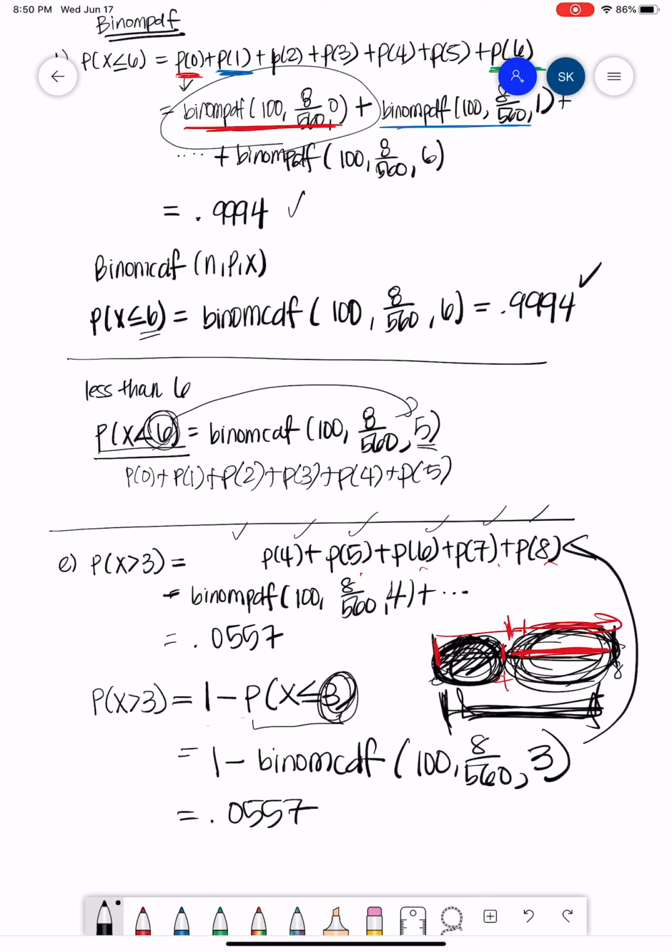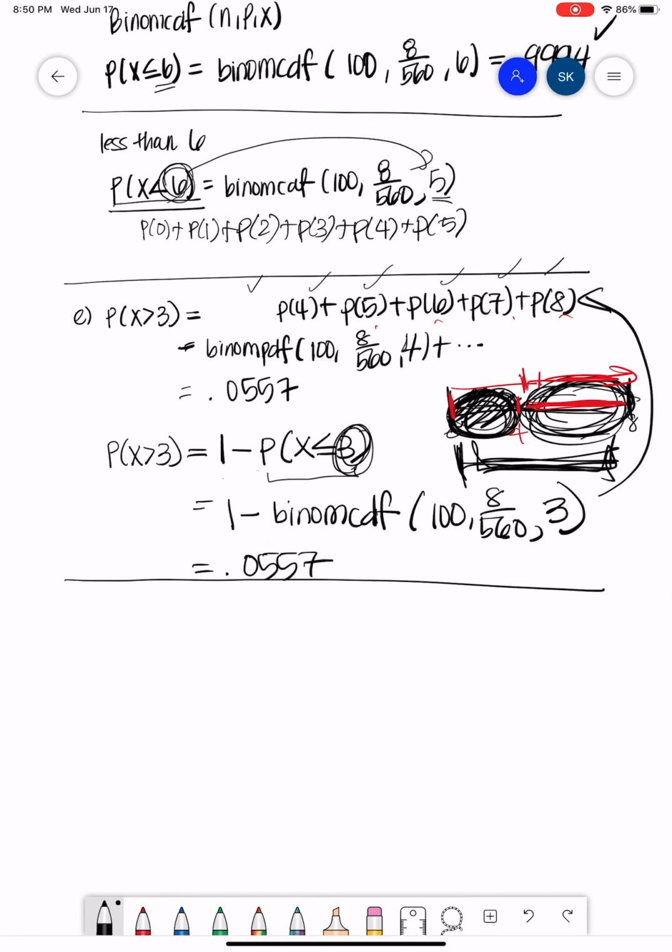Be careful if this is a separate example. I don't want to confuse you, but there are all these different situations to consider when you're doing homework. If we are talking about P of x greater than or equal to, in that case it will be 1 minus P of x less than or equal to 2, right? You are subtracting all the way up to 2.